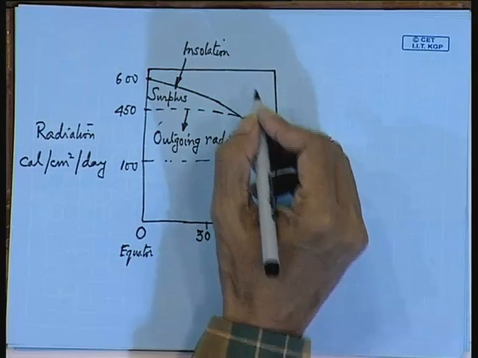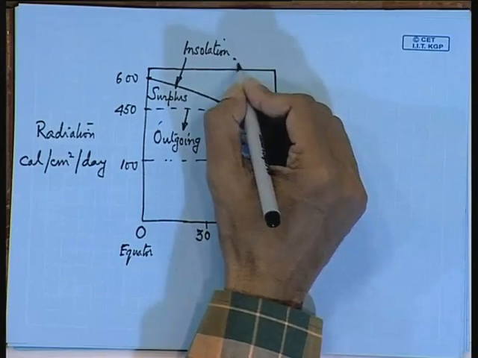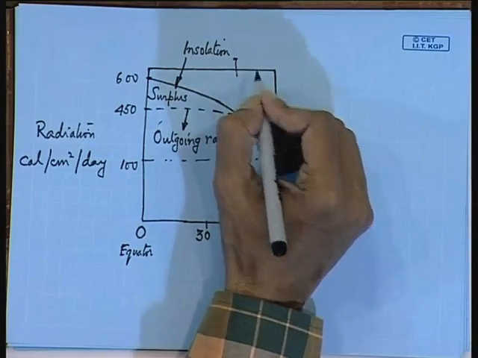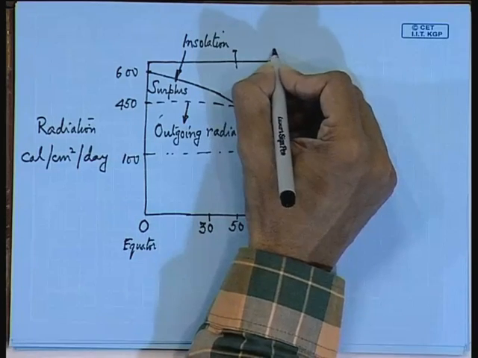and in this region you have a deficit. And this will normally occur in the subpolar and polar areas.